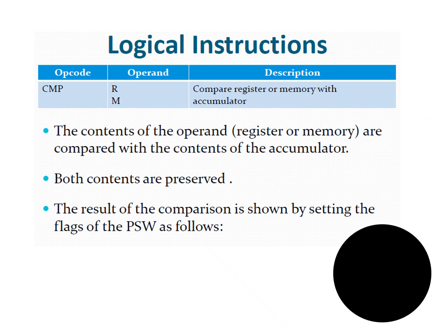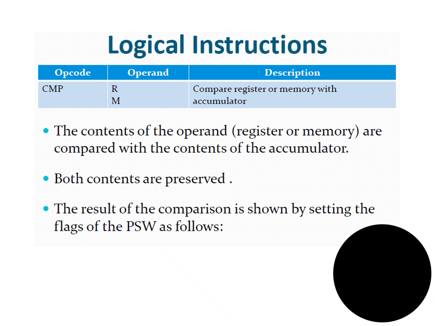So compare is CMP R or M. Here R means any register, and one of the operands will be in the accumulator. For example, CMP B means the content of the accumulator is being compared with the B register.